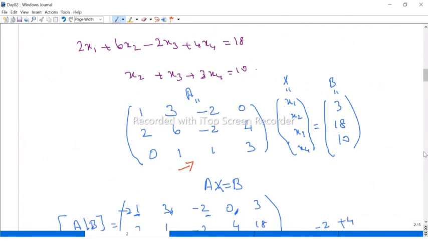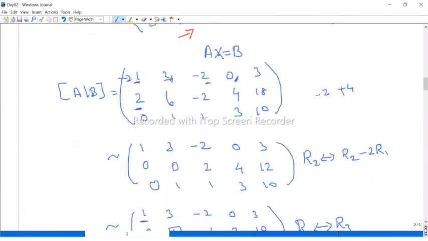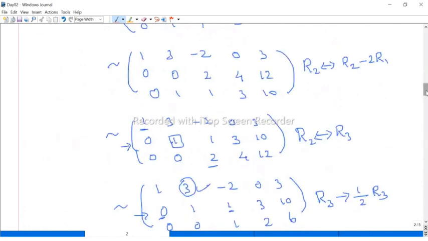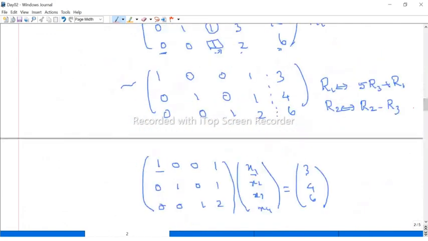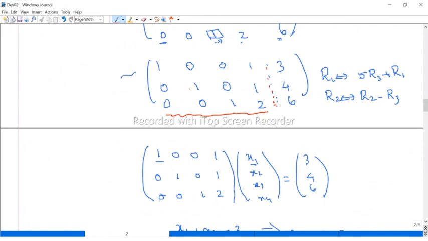Therefore we reduce this matrix to row echelon form, except the last column, because this is an augmented matrix. We remove the last column and look only at this matrix. Now we find the number of non-zero rows. The first row is non-zero, the second row also non-zero. Yes, this is a row echelon form, so we have three non-zero rows.